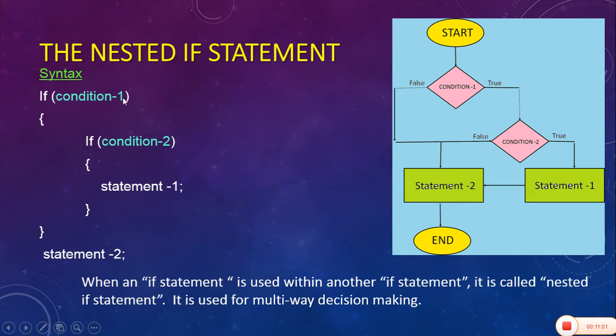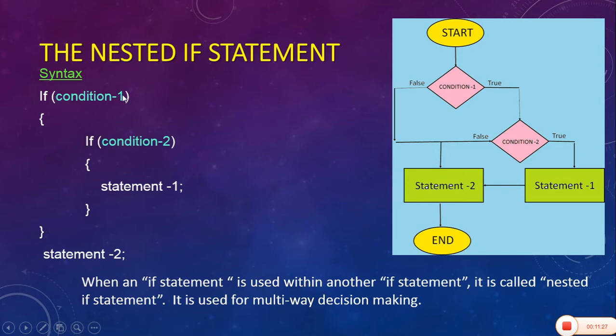If condition 1, in this nested if statement, more than one if statement is used within the statement. Here we are using one if statement within another if statement. You can use a number of if statements within a single if statement.